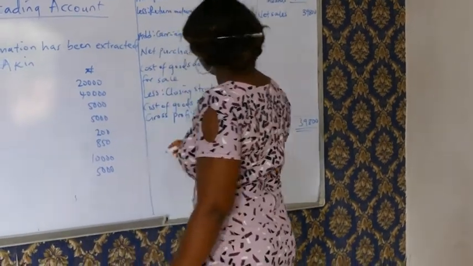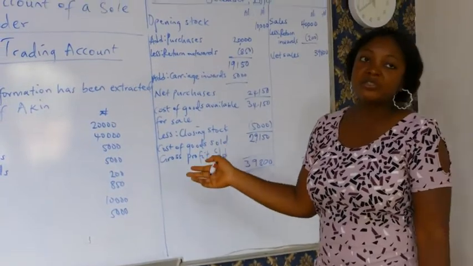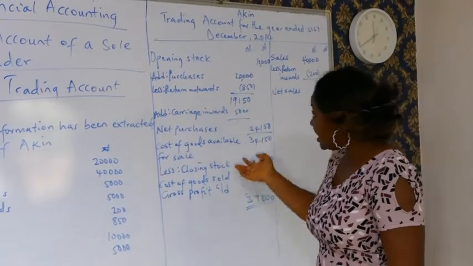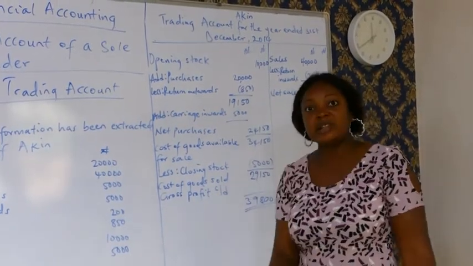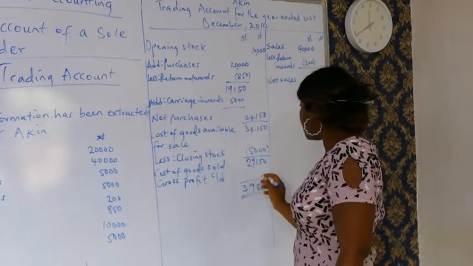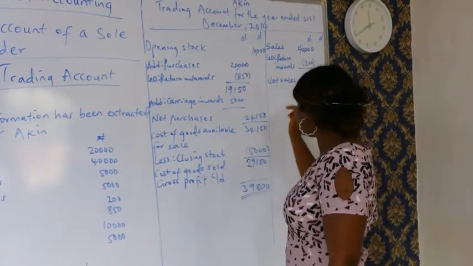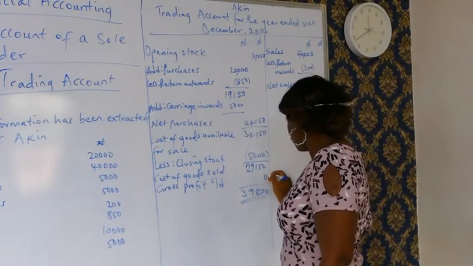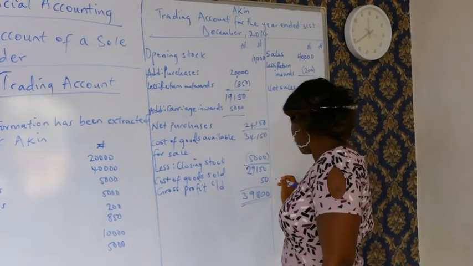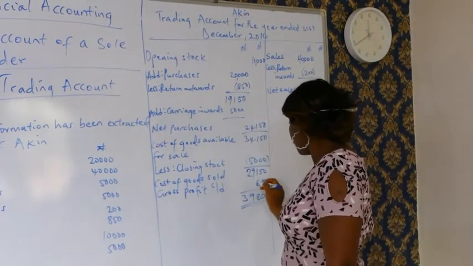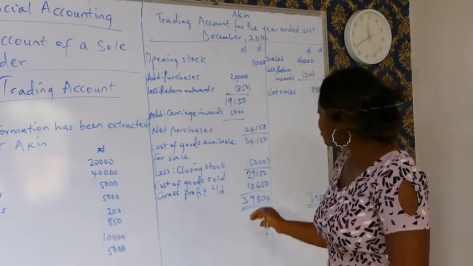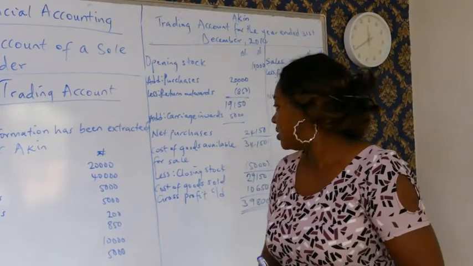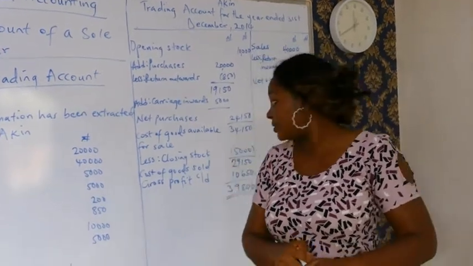Call it gross profit carried down, because in preparing the profit and loss account, we bring down the gross profit. In the trading account it is carried down; in the profit and loss account it will be brought down. So we deduct the cost of goods sold from the net sales, which will give us our gross profit of 10,650 naira.